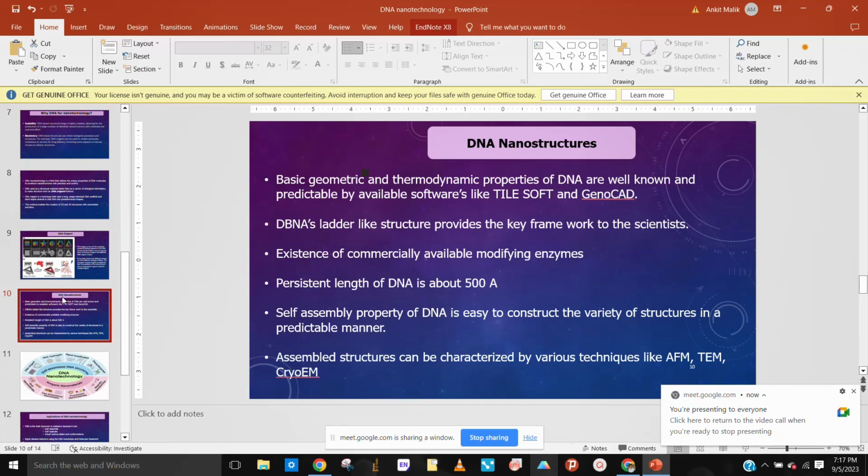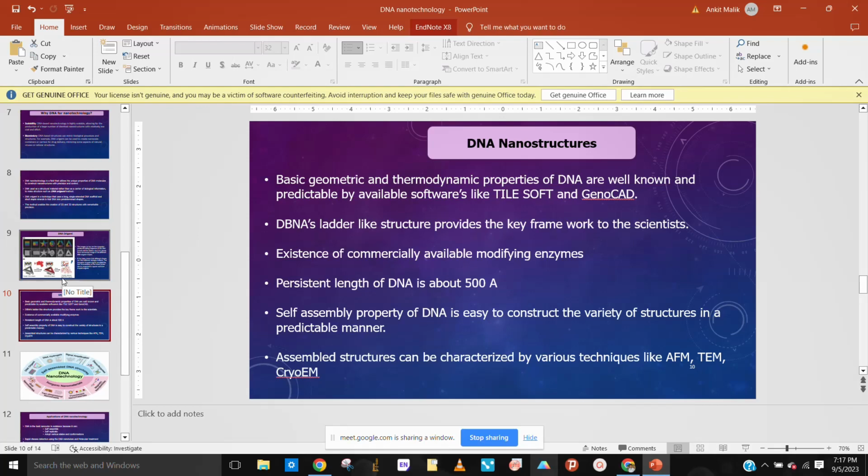DNA ladder-like structures provide the key framework to scientists. There is also the existence of commercially available modifying enzymes. The persistence length of DNA is about 500 angstrom. Then the self-assembly property of DNA makes it easy to construct a variety of structures in a predictable manner. Assembled structures can be characterized by various techniques like AFM, TEM and cryo-electron microscopy.